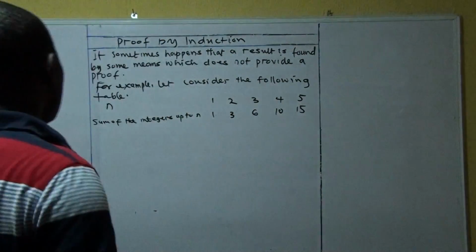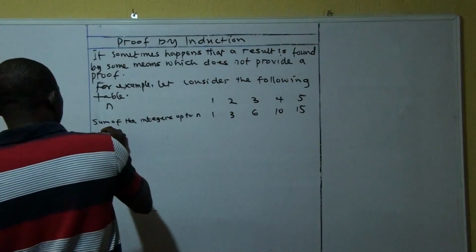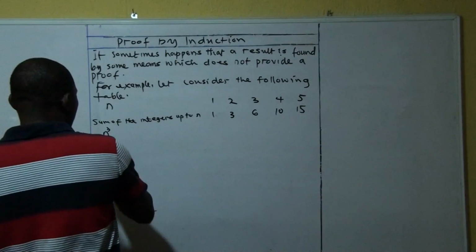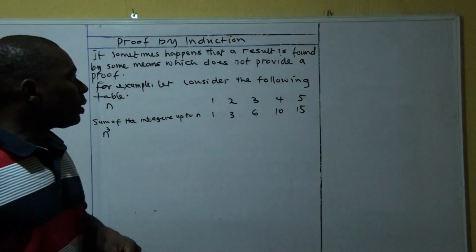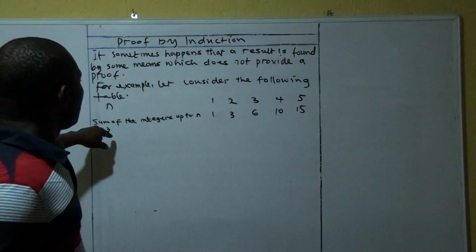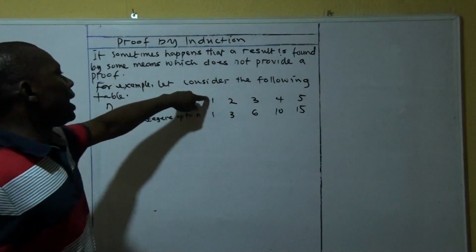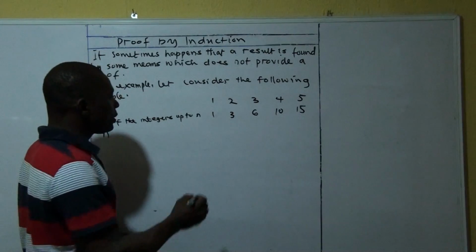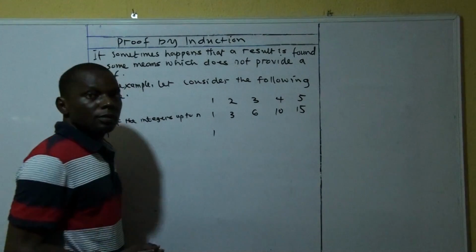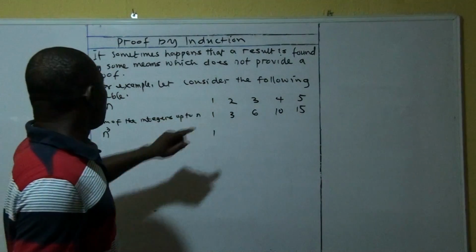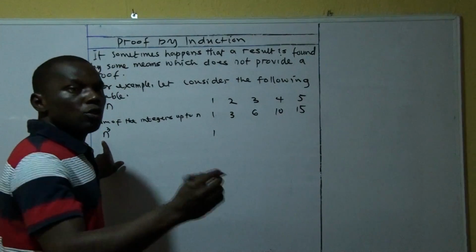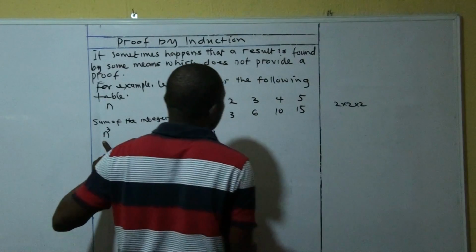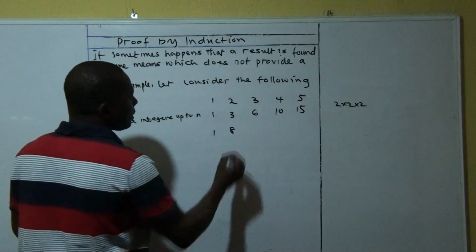Okay, then assuming we have n cube, it is telling us that each of the integers is raised to power 3. So 1 raised to power 3 will also give us 1. Here, 2 raised to power 3 means 2 times 2 times 2, and that gives 8.